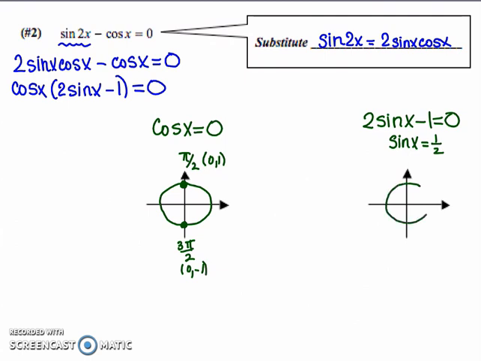That's going to happen in two locations because sine is positive in quadrants 1 and 2. And that is going to happen at our pi over 6 locations. So at pi over 6, sine is 1/2, and at 5 pi over 6, sine is equal to 1/2. So it looks like we're going to have 4 solutions to this equation, at least initially, although we may be able to do some condensing.